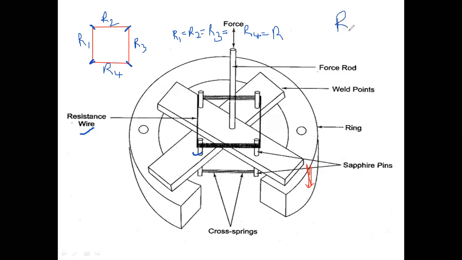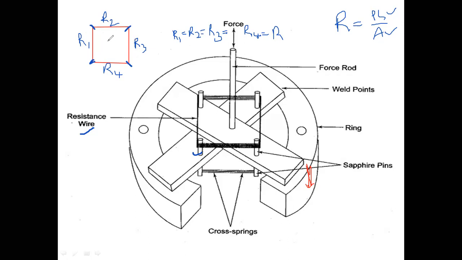Since R equals rho L by A, the length and cross-sectional area are varying here. So this bridge gets unbalanced.